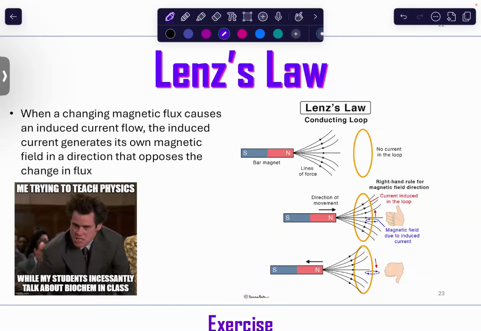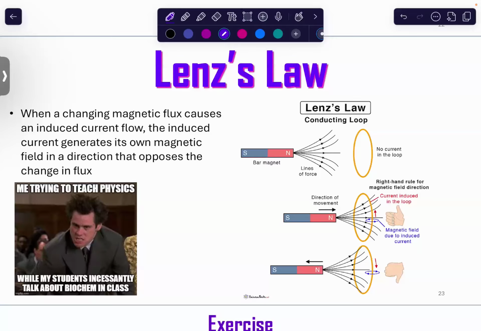There will be a current induced in the ring in such a manner that the magnetic field circling around that ring is going to resist that change in magnetic flux. So that means the magnetic field it produces has to point that way. And so if I do that by the right-hand rule, it has to wrap that way, the current has to go that way.